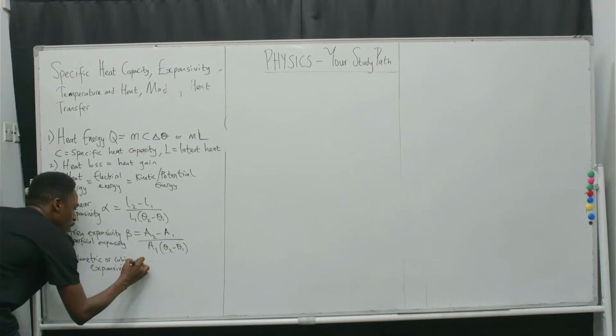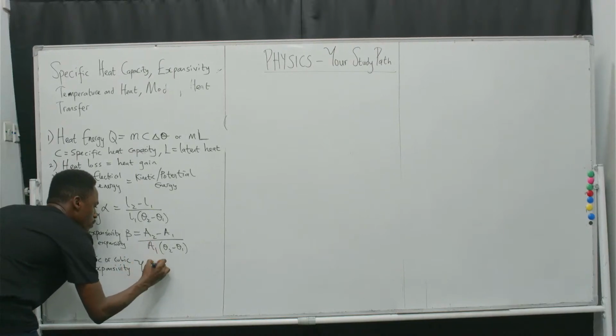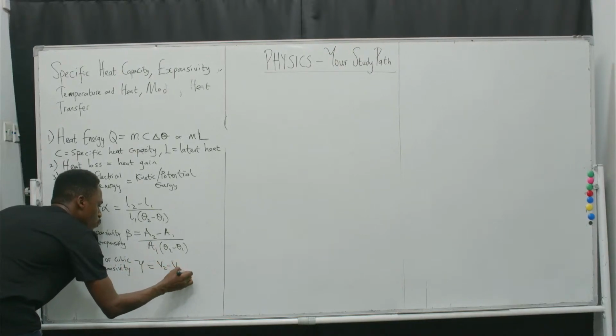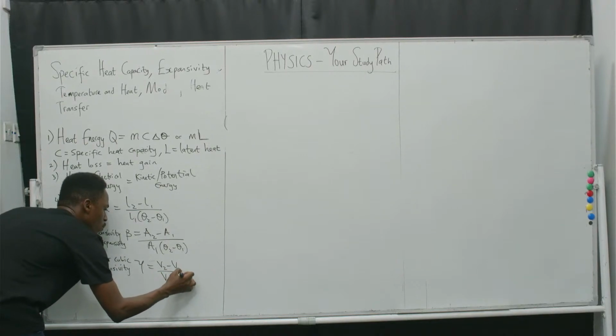We have it that gamma equals (V2 minus V1) over V1 times (theta 2 minus theta 1).